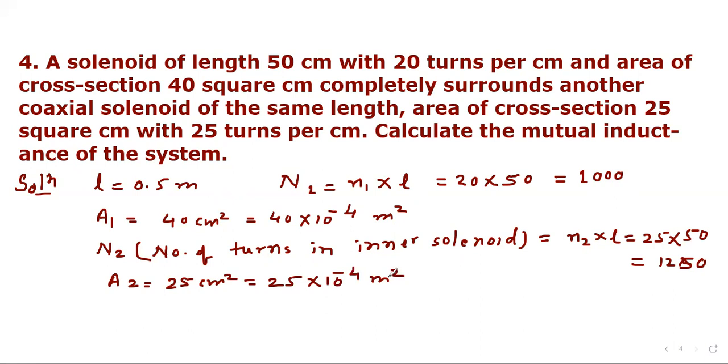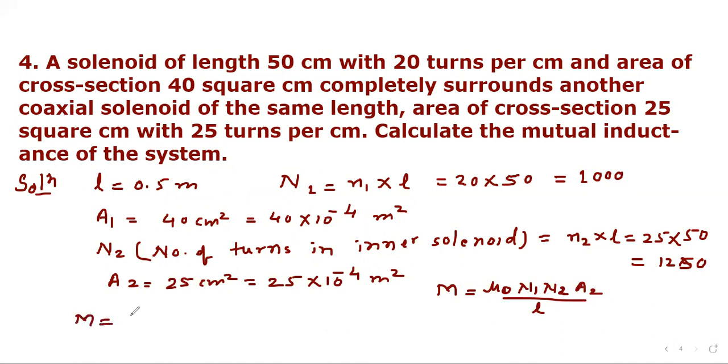Now we have to find out mutual inductance. So M is given by mu naught N1 N2 times area of inner solenoid, that is A2, divided by common length. So we put the values.